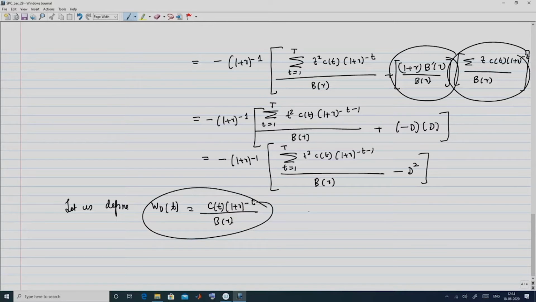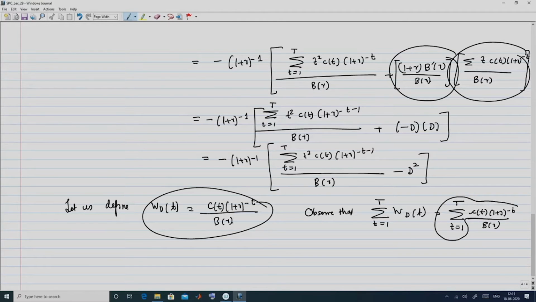Now, if you observe carefully, summation w d of t, t is equal to 1 to capital T, is going to be summation c of t into 1 plus r raised to minus t over B of r, and the summation of the numerator is nothing but B of r, and this is equal to 1. So, the w d of t defined in this way will effectively act as if they are weights.